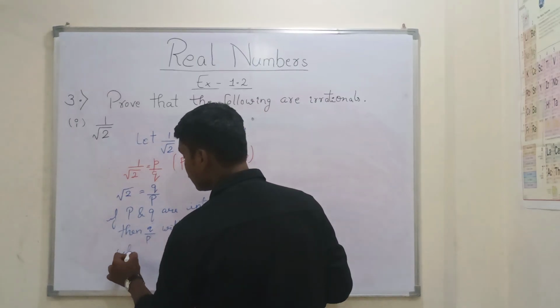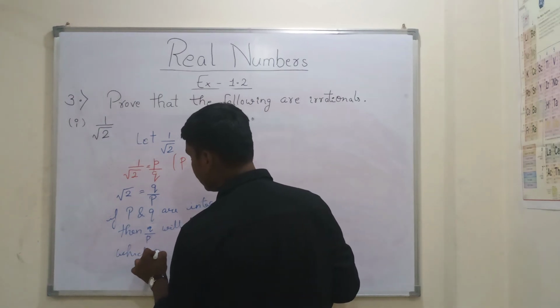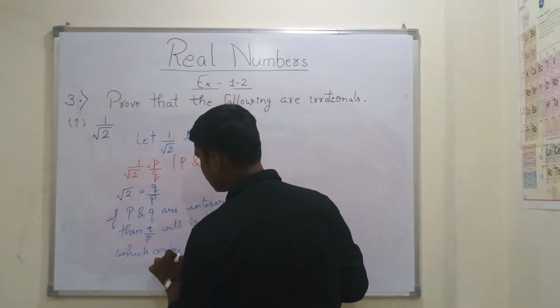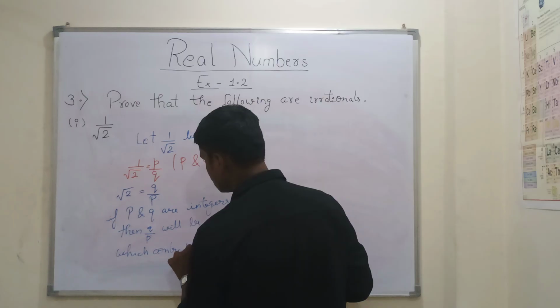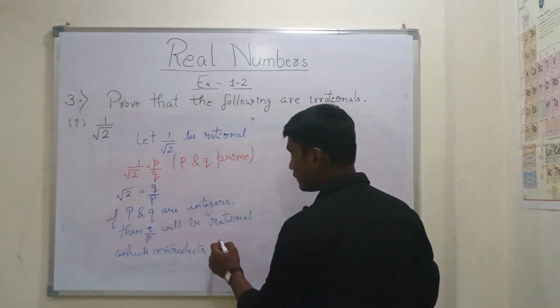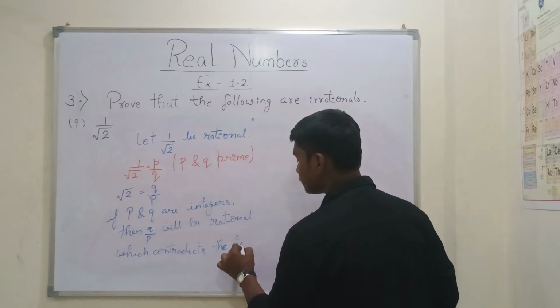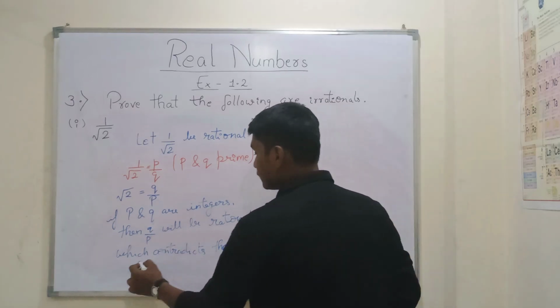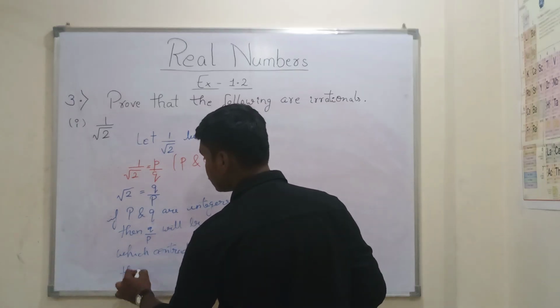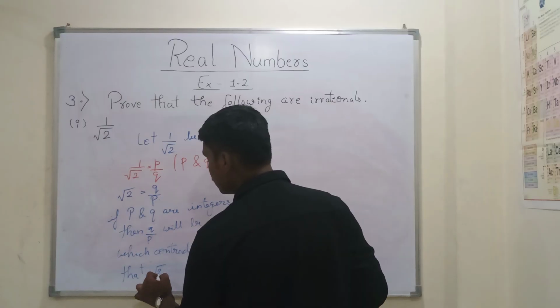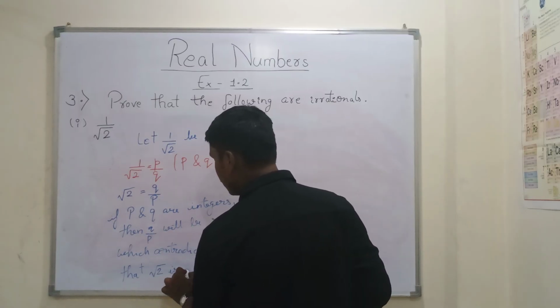which contradicts the fact that root 2 is irrational.